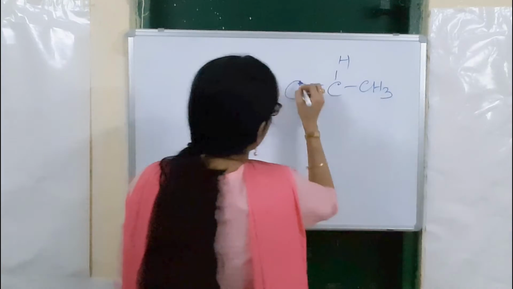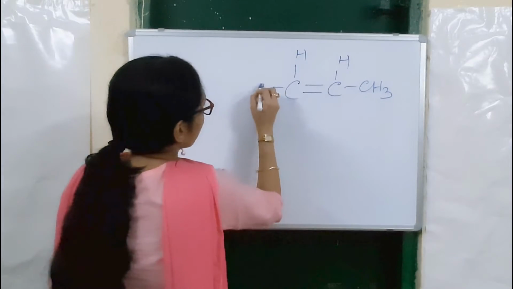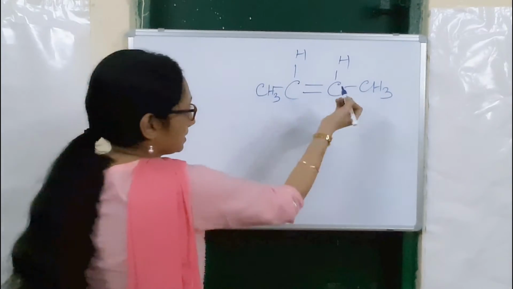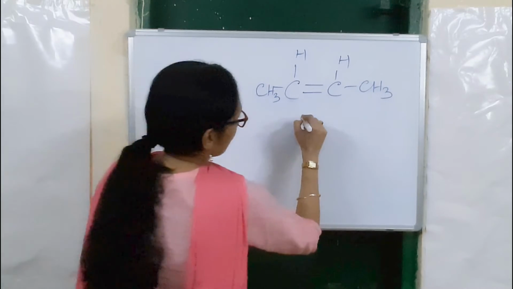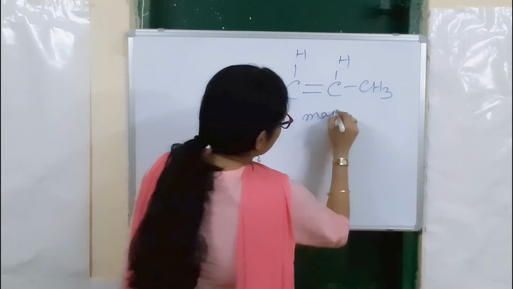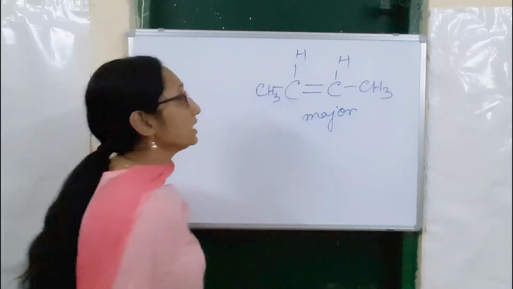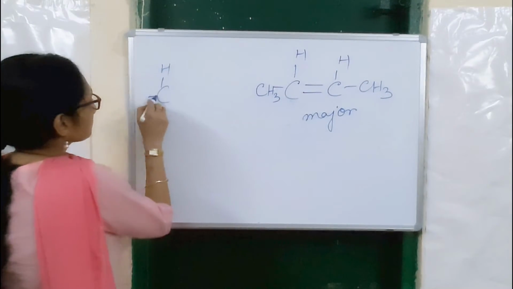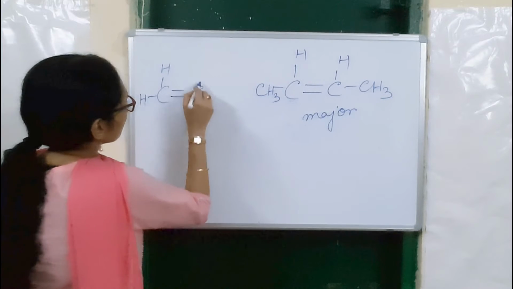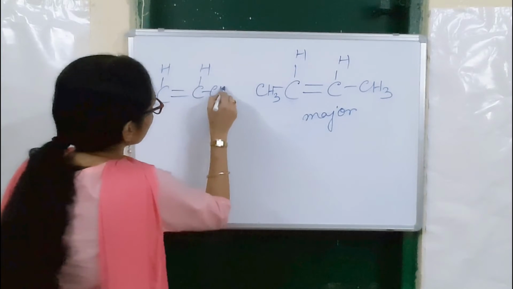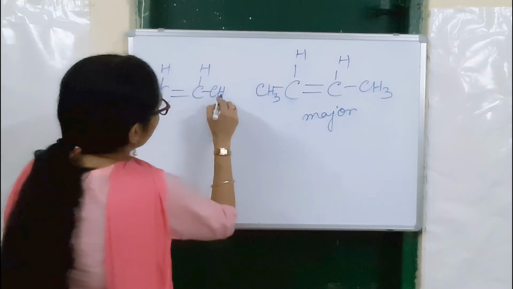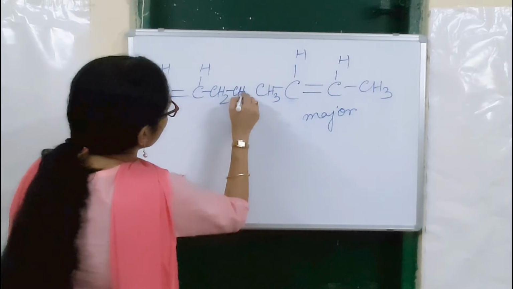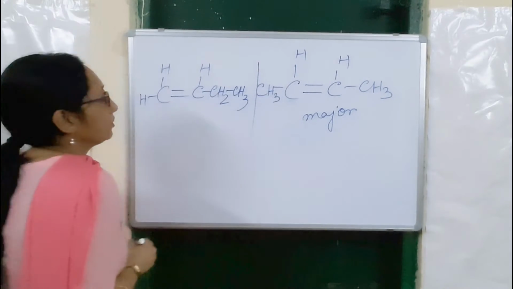Once again, I am drawing the structure. This is but-2-ene. That was our major product by the dehydrohalogenation of 2-bromobutane, and this is but-1-ene.